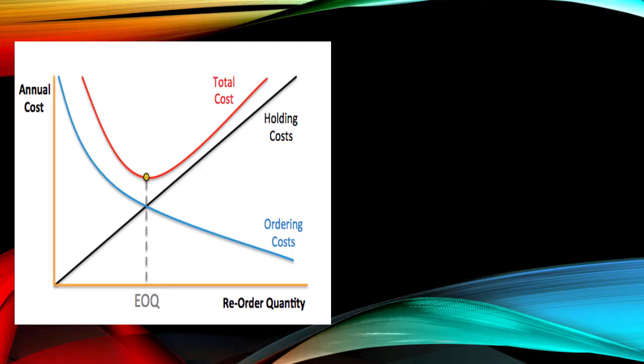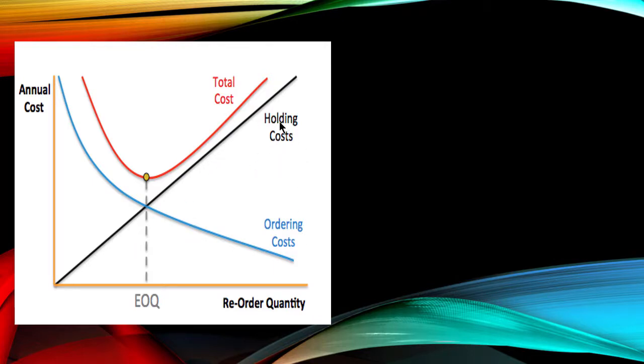So I have here this diagram, the EOQ graph. Here we have the annual cost and the ordering. This is the line for ordering cost. Ordering cost shows that the cost decreases if we increase the quantity of our order. I am referring to ordering cost per unit here.